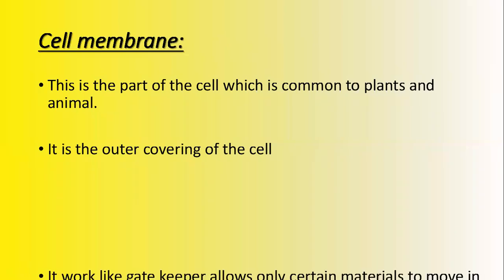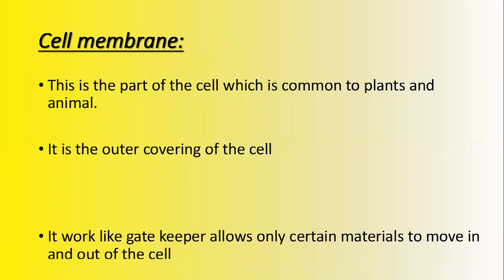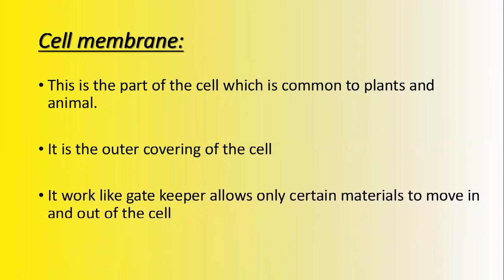It provides protection to the organelles of the cell. It works like a gatekeeper, allowing only certain materials to move in and out of the cell. It also gives the cell its proper shape.